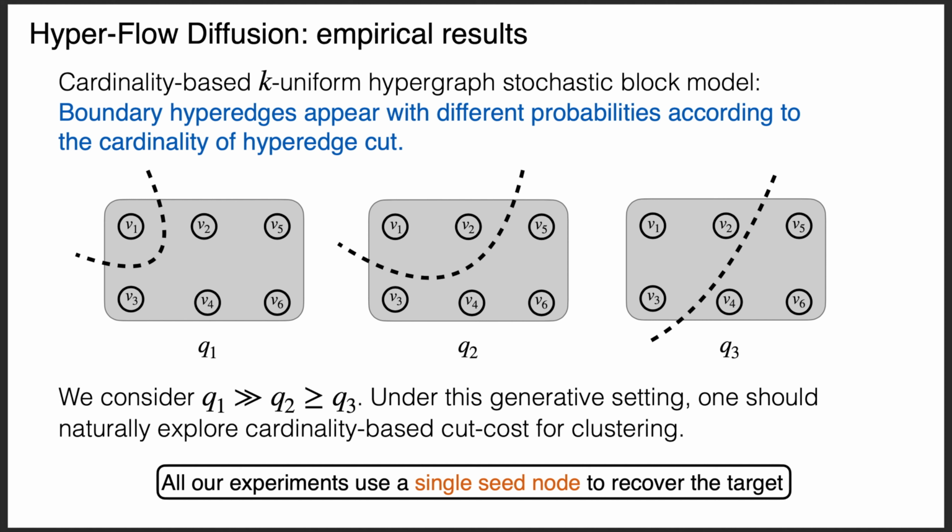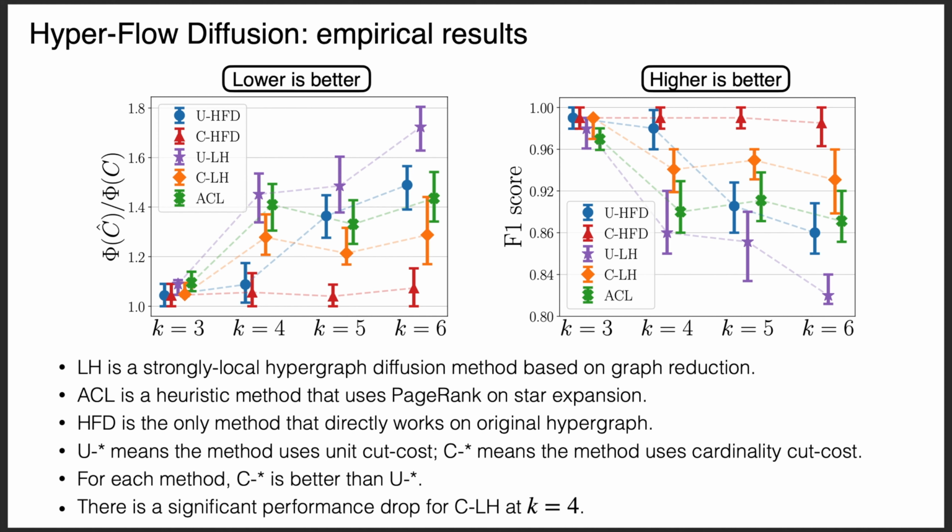As a side note, unless I state explicitly, all our experiments use a single seed node to recover the target cluster. In this slide, the 2 plots show conductance and F1 results for local clustering in 4 different hypergraphs that have different constant hyperedge sizes. The hyperedge sizes range from k equals 3 to k equals 6.